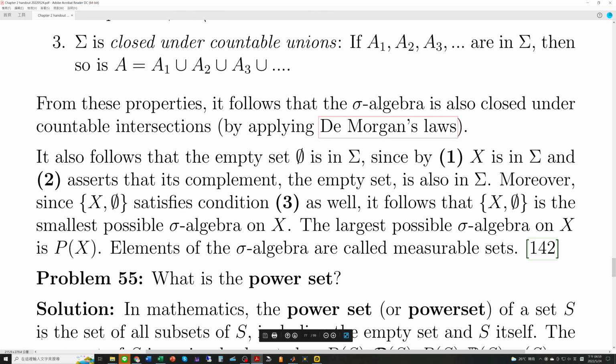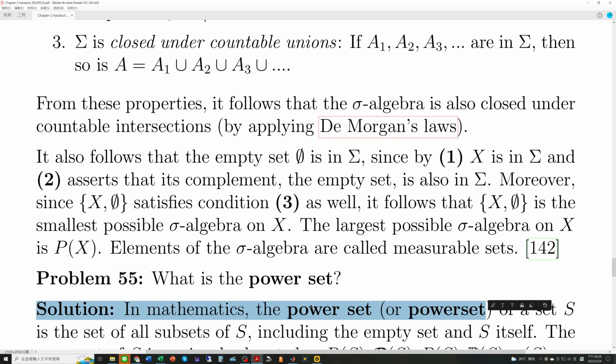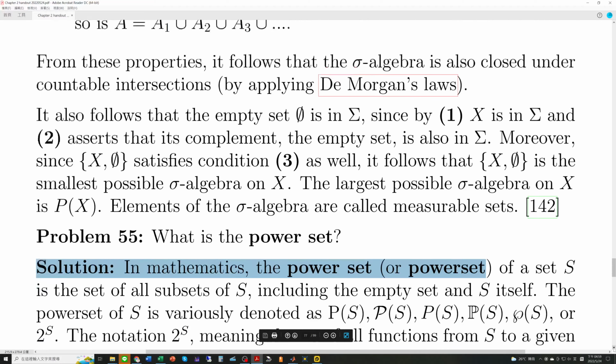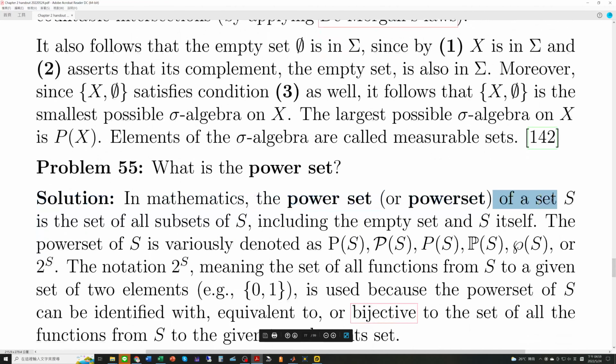Solution. In mathematics, the power set, or powerset, you can write it in 2 words or combine them into 1 word, of a set S is the set of all subsets of S including the empty set and S itself.